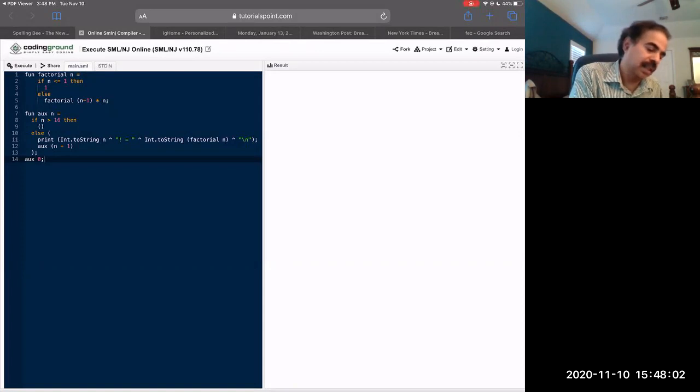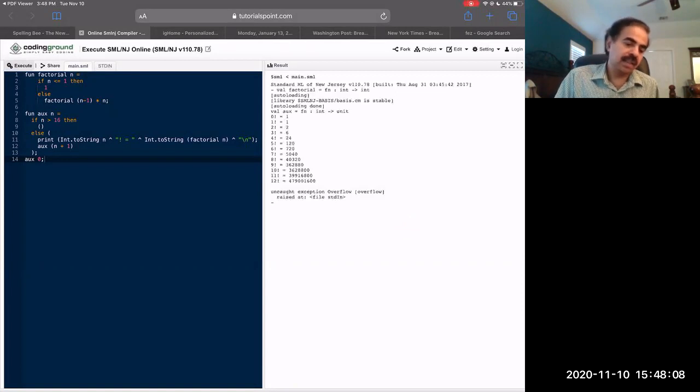So let's run it. So here is the execute button. If I execute it, then what it is doing is it's printing factorial for a number of values. And at some point, it's complaining that the numbers become too large.